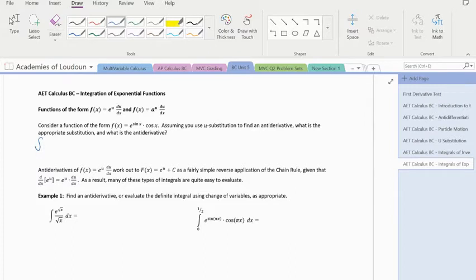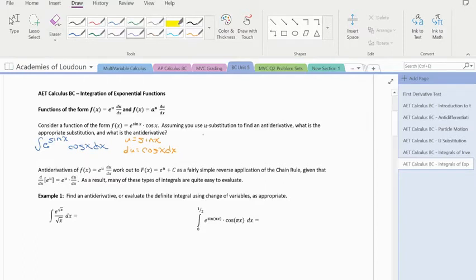So considering a function of the form f of x is e to the sine x times cosine x, assuming we can use u substitution to find the antiderivative, what would be the appropriate substitution, and then what is the antiderivative? Well, we can see that if we set u to sine x, then du will simply be cosine x dx.